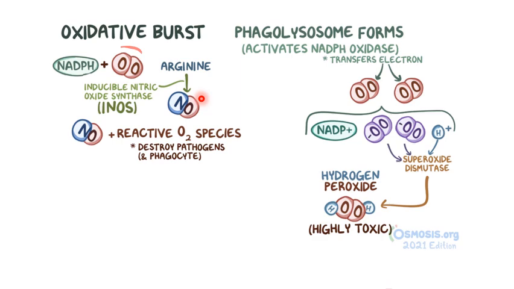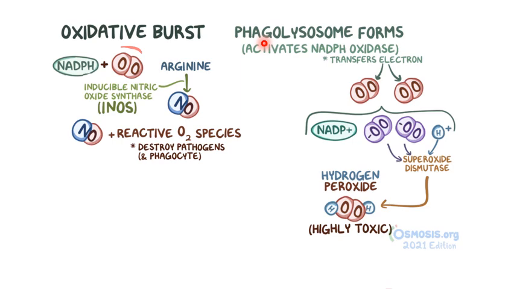You have to be triggered if you have that phagocytosis and the phagolysosome going on, okay? Now, nitric oxide is very important, not for killing the pathogen, but it is important for dilation of blood vessels. So let's keep that in the back of your head, okay? All right, and with that, you're also going to produce those reactive oxygen species.